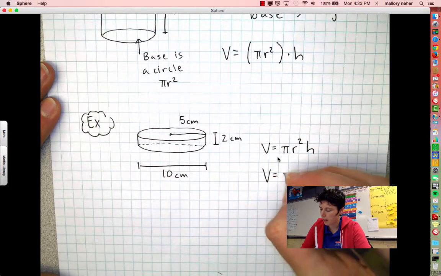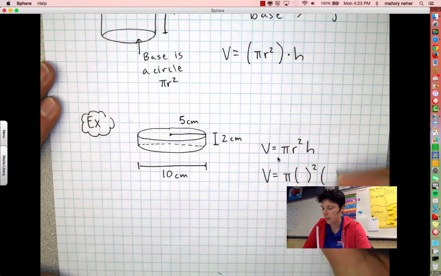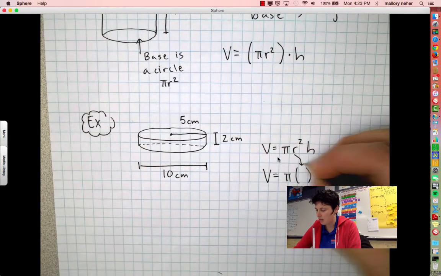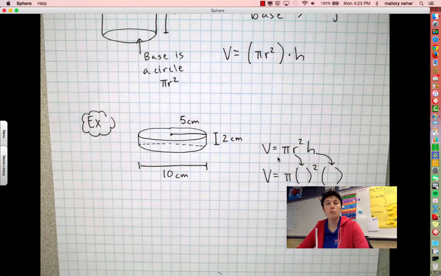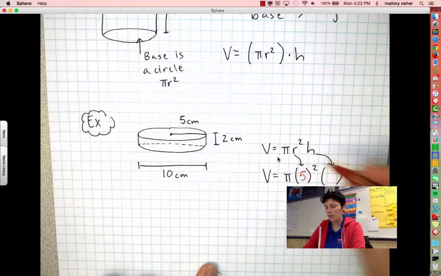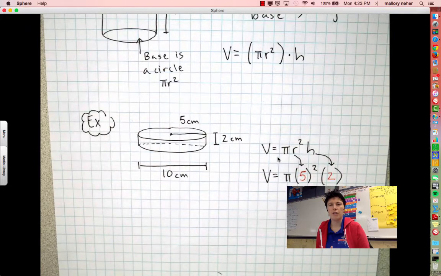Volume equals pi times something squared times something. Basically take those variables, that r and that h, and I turn them into blank spots. And I'm going to fill in the values that I have. So in this case, radius we decided was 5 centimeters, so 5. And height, well, it's labeled, it's 2. So I put a 5 and a 2 in there.